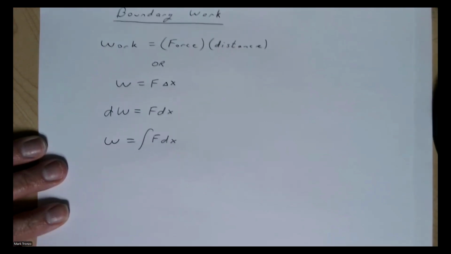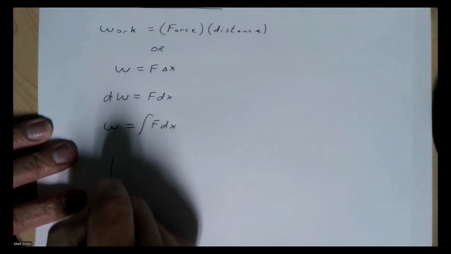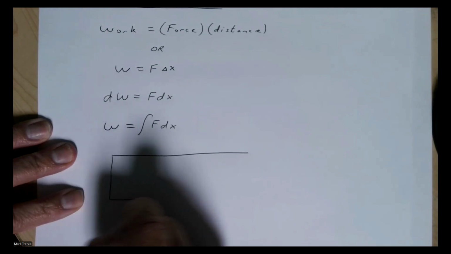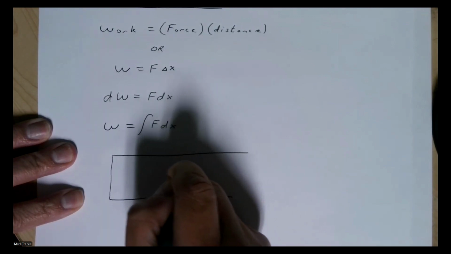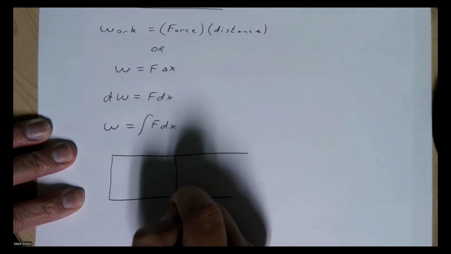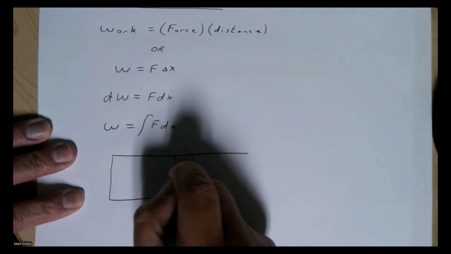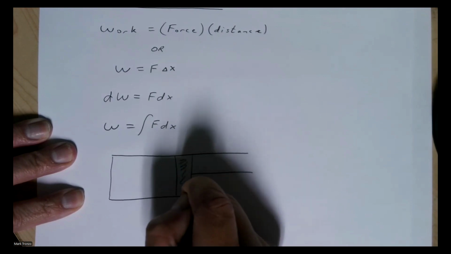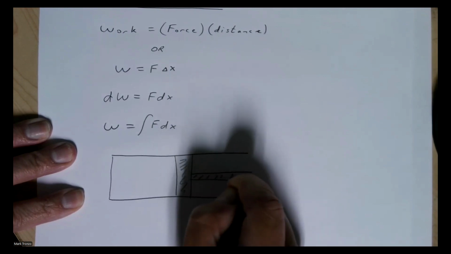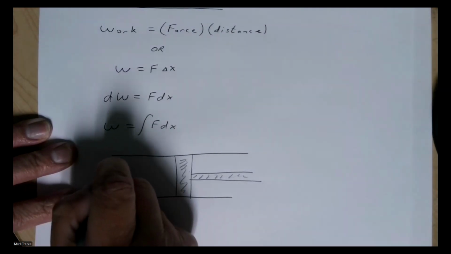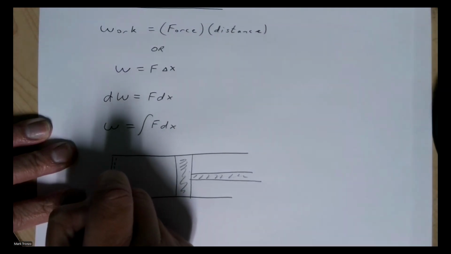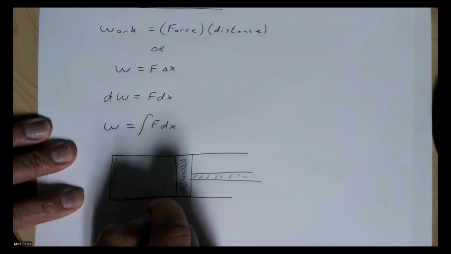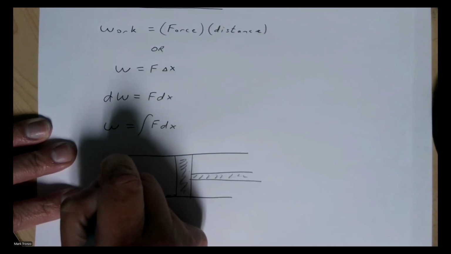Now, say in the case of a piston, let's say a piston in a cylinder. And so you have some kind of pressure. Your system is in here, and it would be your gas.